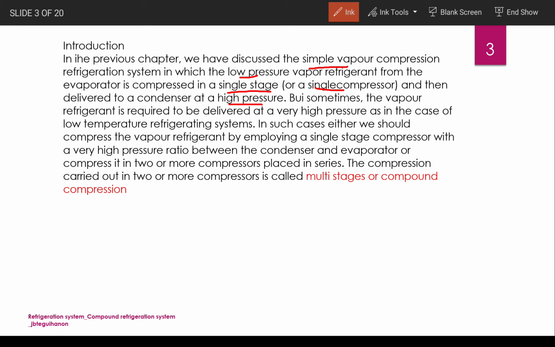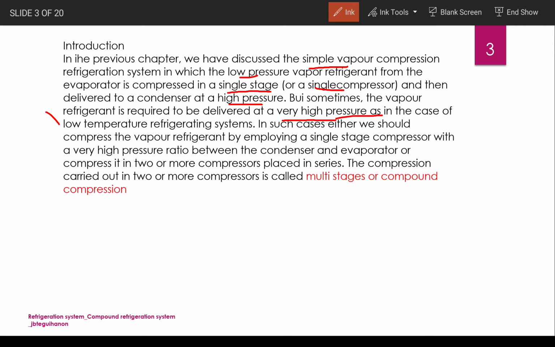But sometimes the vapor refrigerant is required to be delivered at a very high pressure, as in the case of a low temperature refrigerating system, where we need a very high pressure to achieve that.